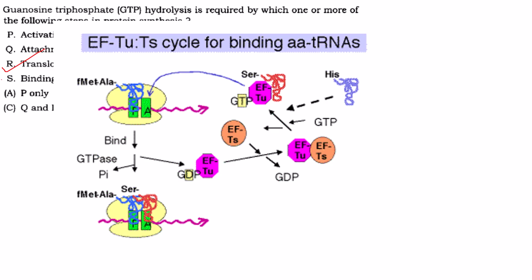So S is also correct. So your answer is option D, that is R and S only. These are the cycles which require GTP.